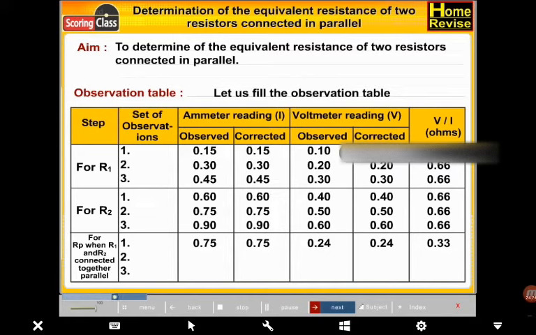For second set, ammeter observed 1.05, corrected 1.05, voltmeter observed 0.34, corrected 0.34, it is 0.32 ohms. For third set, ammeter observed 1.35, corrected 1.35, voltmeter observed 0.45, corrected 0.45. It is 0.33 ohms.